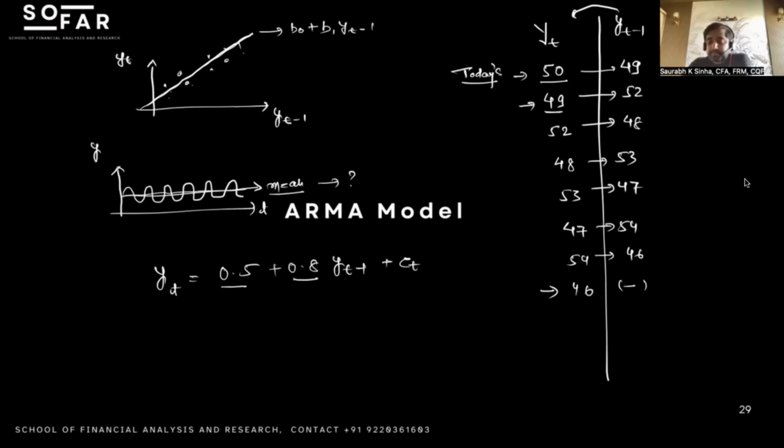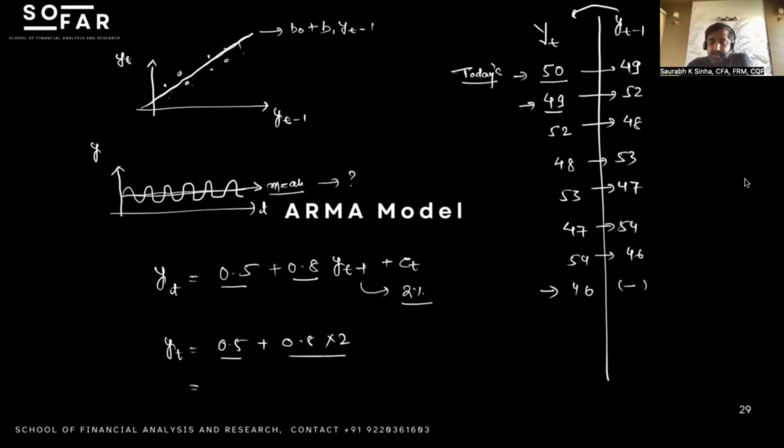Say the previous day's stock return was 2%. What would today's stock return be based on this equation? Today's stock return would be 0.5 + 0.8 * 2.